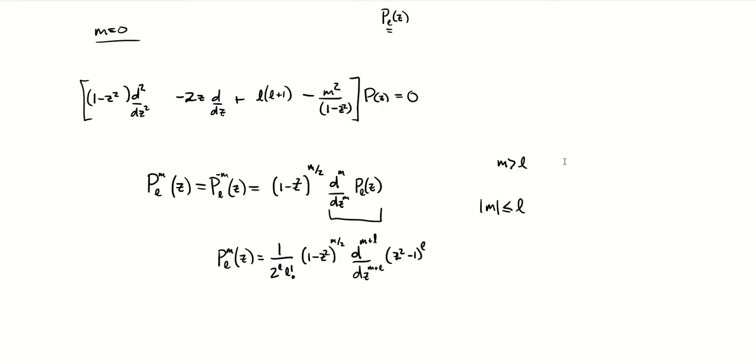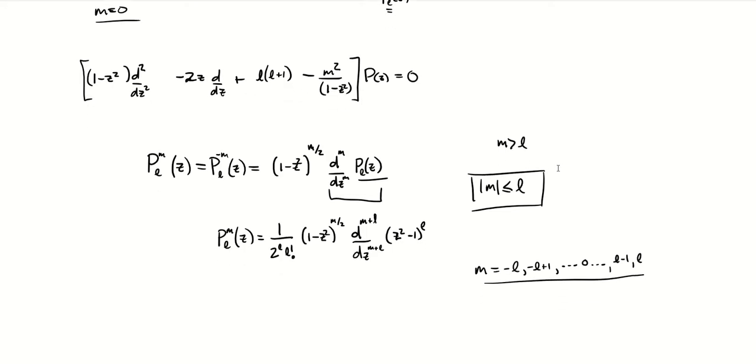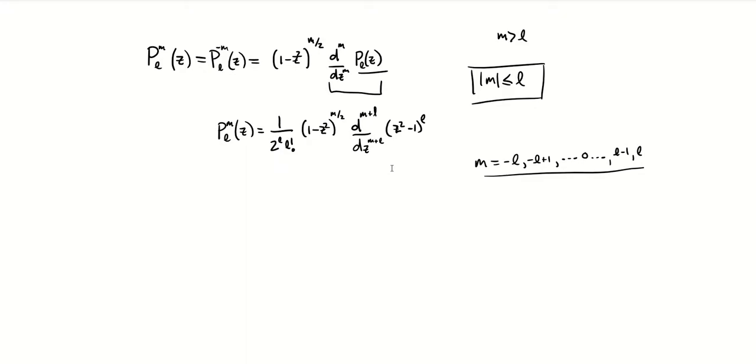So if we plug in our Legendre polynomials, we get there, and remember our m is less than L. So that means m can run from negative L to negative L plus 1, dot, dot, dot, through 0, dot, dot, dot, to L minus 1, all the way up to L. For a given L, we only have those possible values of m.